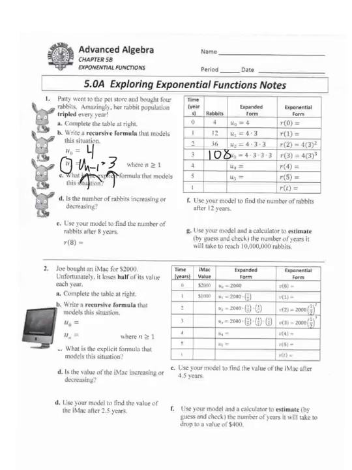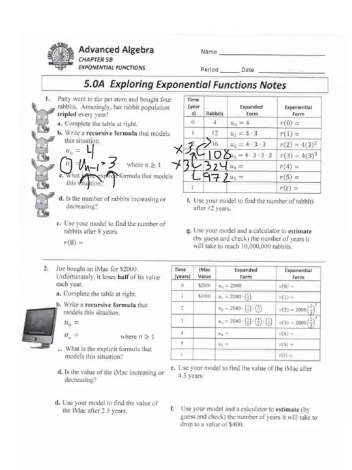We got 108 by taking the term before it, 36, and multiplying it by 3. How do we get the term 324? We took the term before it, 108, and multiplied by 3. How do we get 972?